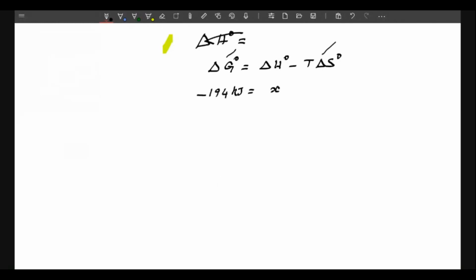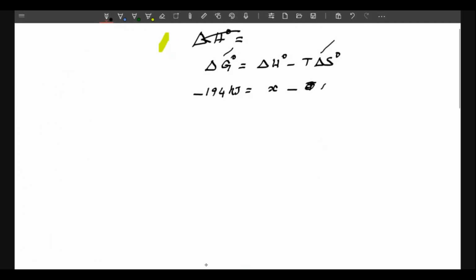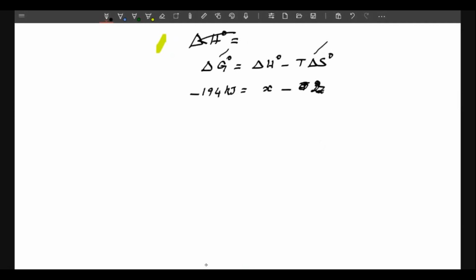The temperature, 25 degrees C, is given, therefore 298 into delta S, which is 97 divided by 1000.